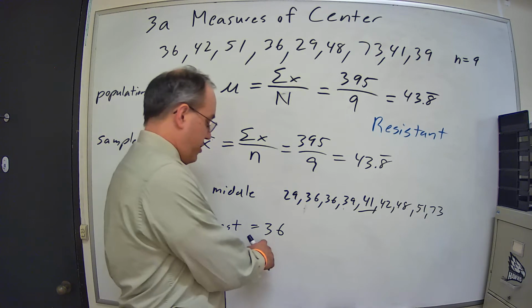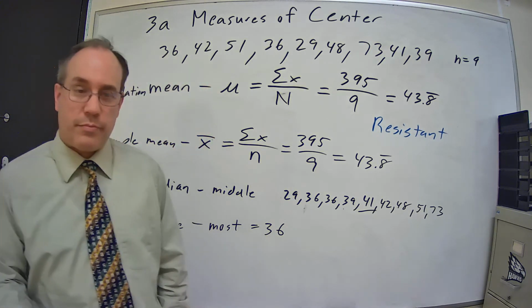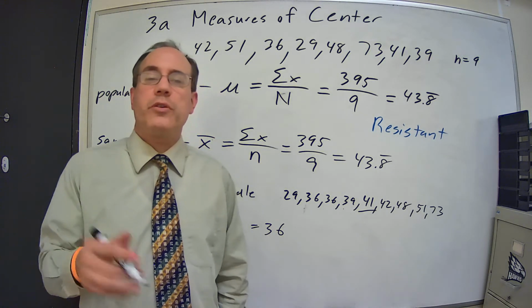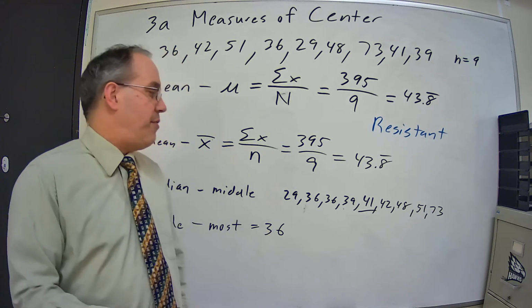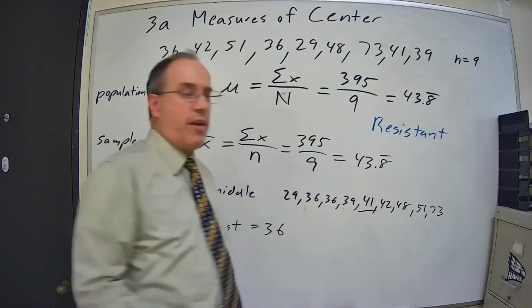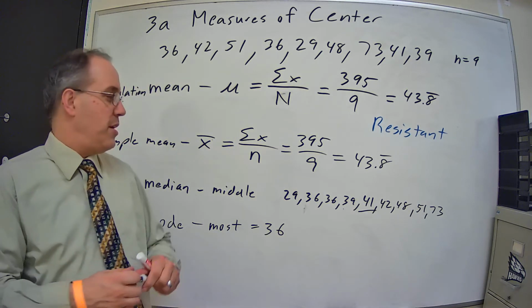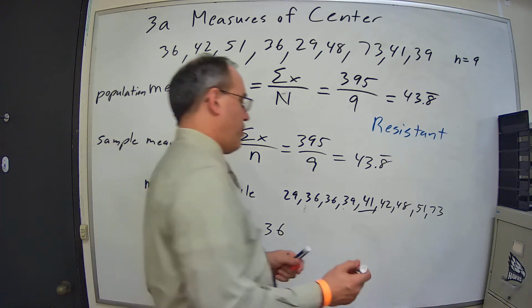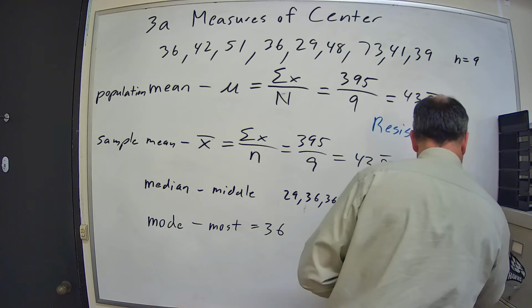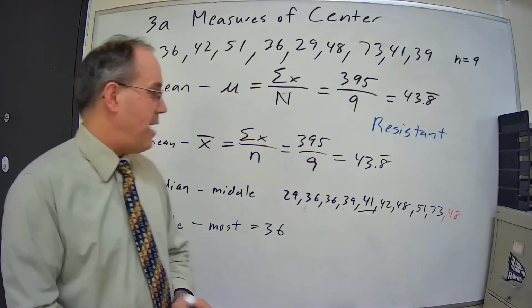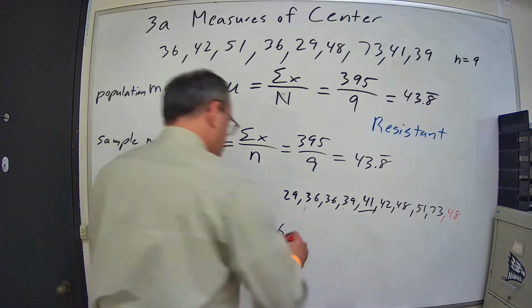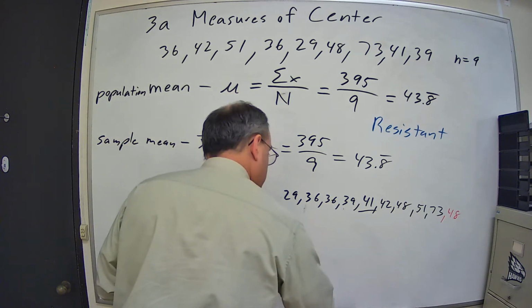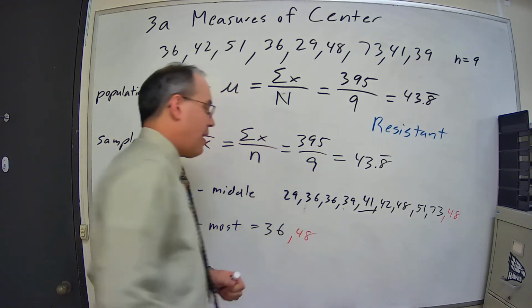In this case, since there was one mode, we would call this unimodal, meaning there is one mode. If two data values occurred the same amount of times, such as if there was another 48, now we could say that it was bimodal because the mode would be 36 and 48.